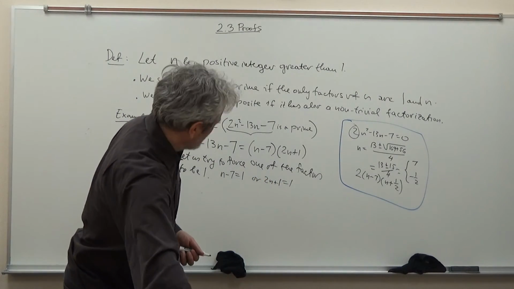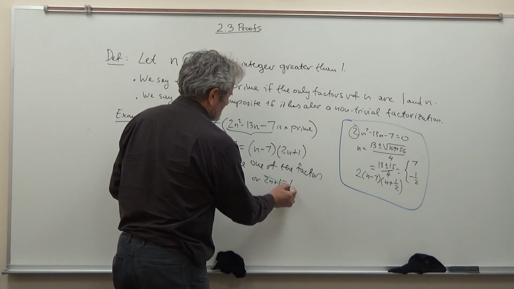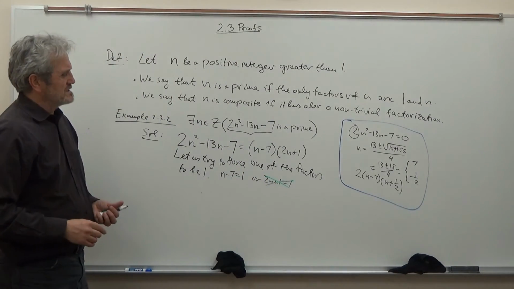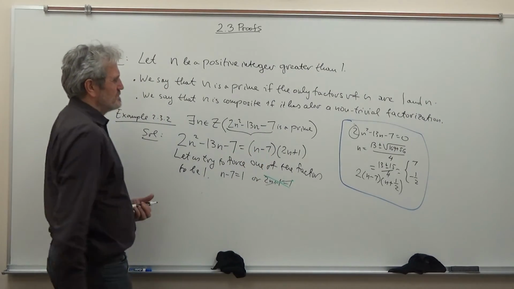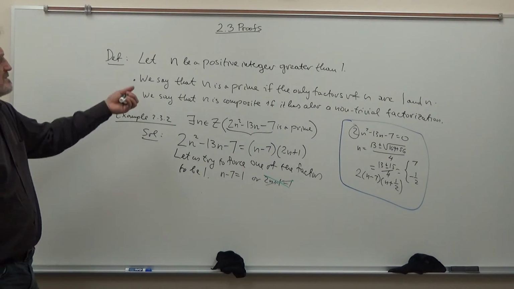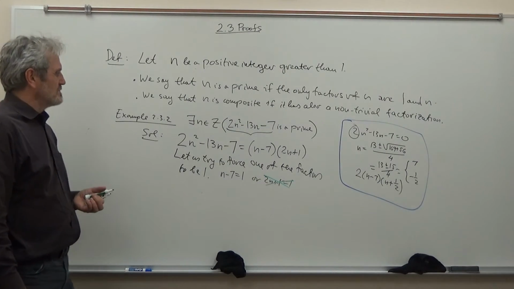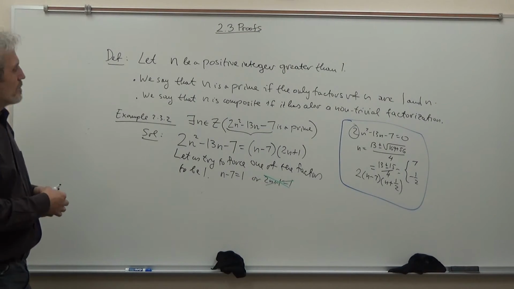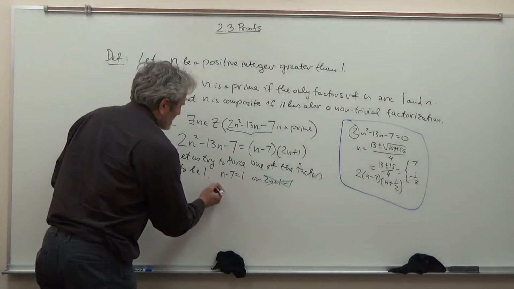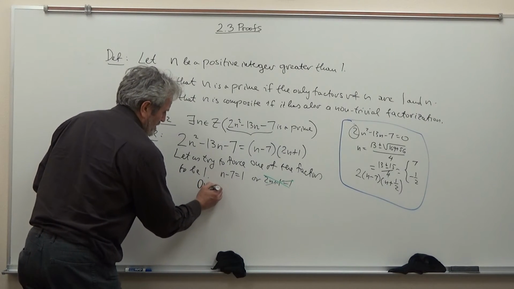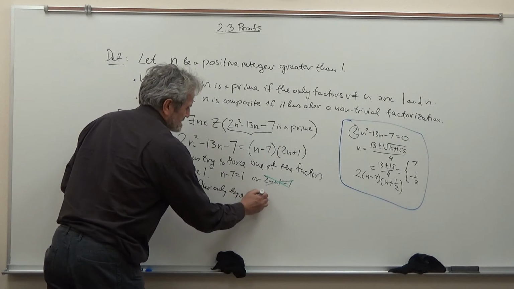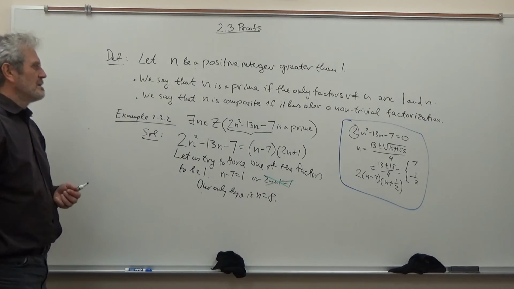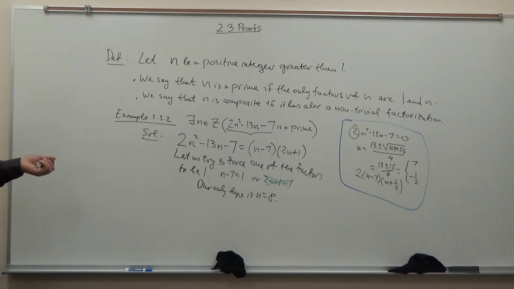This one will not give us anything. Why? Because it's very easy to see that when 2n plus 1 is 1, then n would be 0, then n minus 7 would be negative, and a negative number is not a prime according to our definition, so that will not work. So basically our only hope is n equals 8.